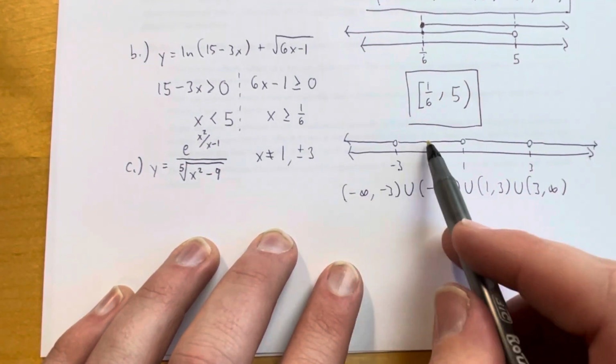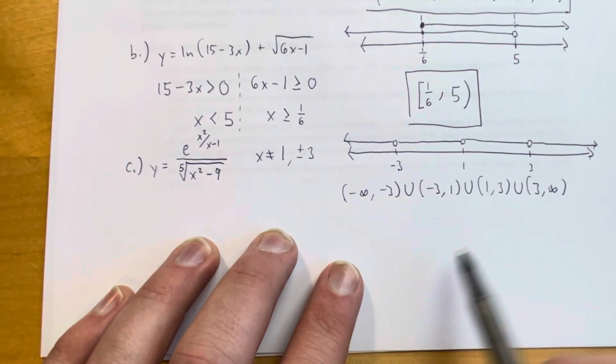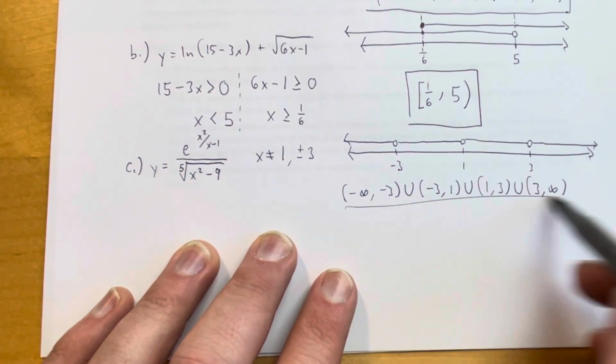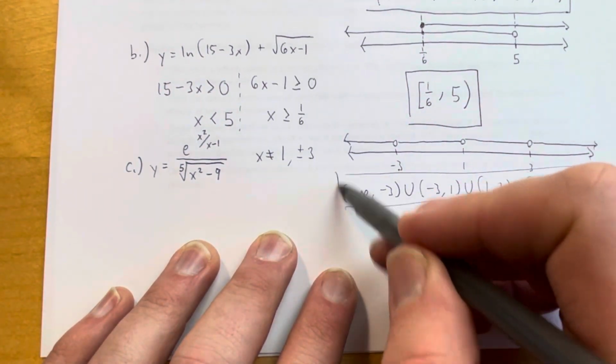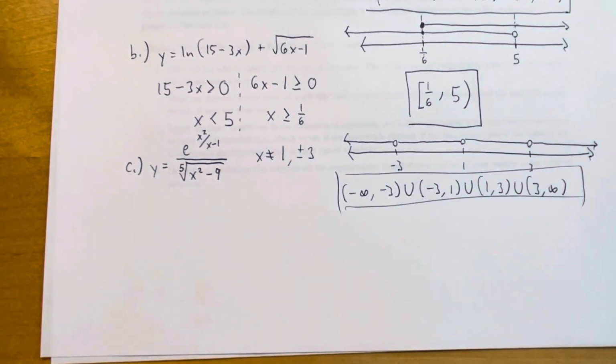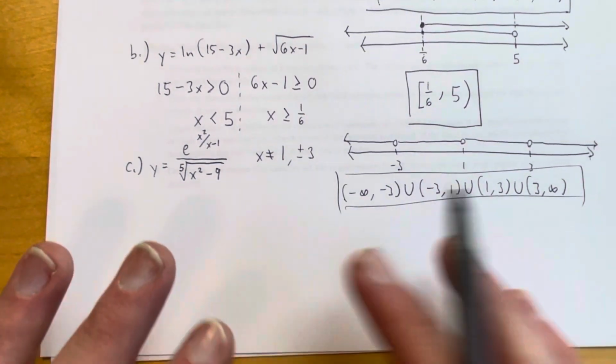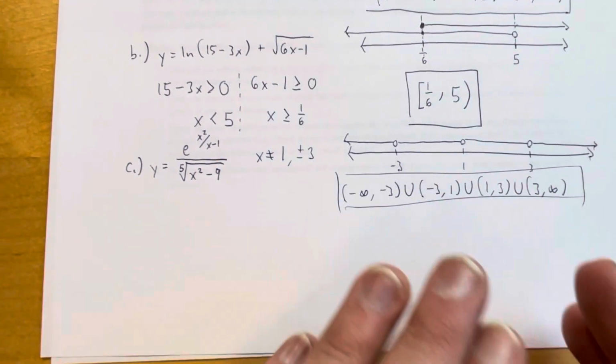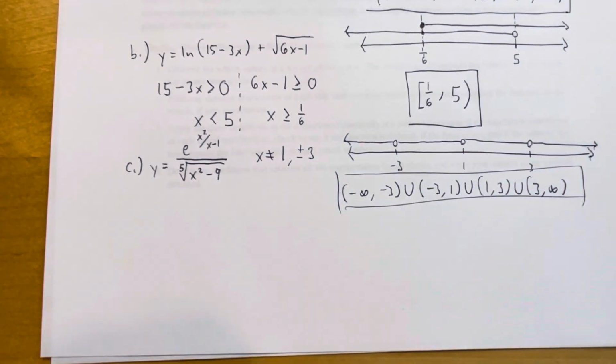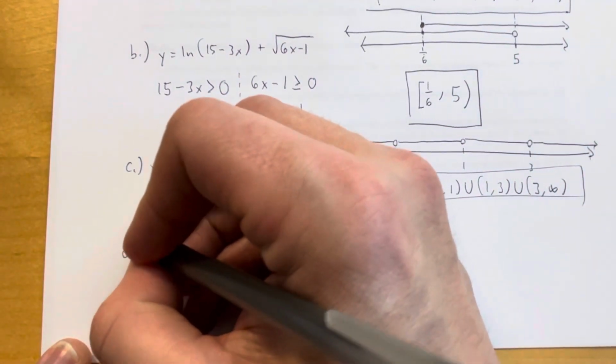Notice because it's 1, 2, 3, 4 separate pieces, I'm going to have 4 intervals. Those intervals together are the set for which this function is continuous, because that is also the domain of that function.